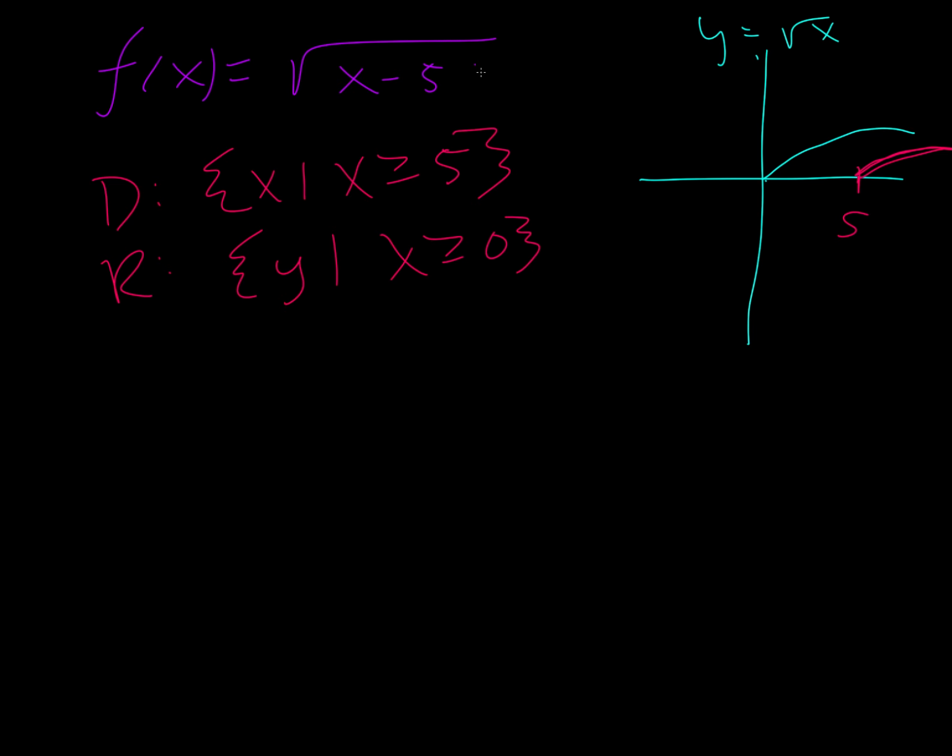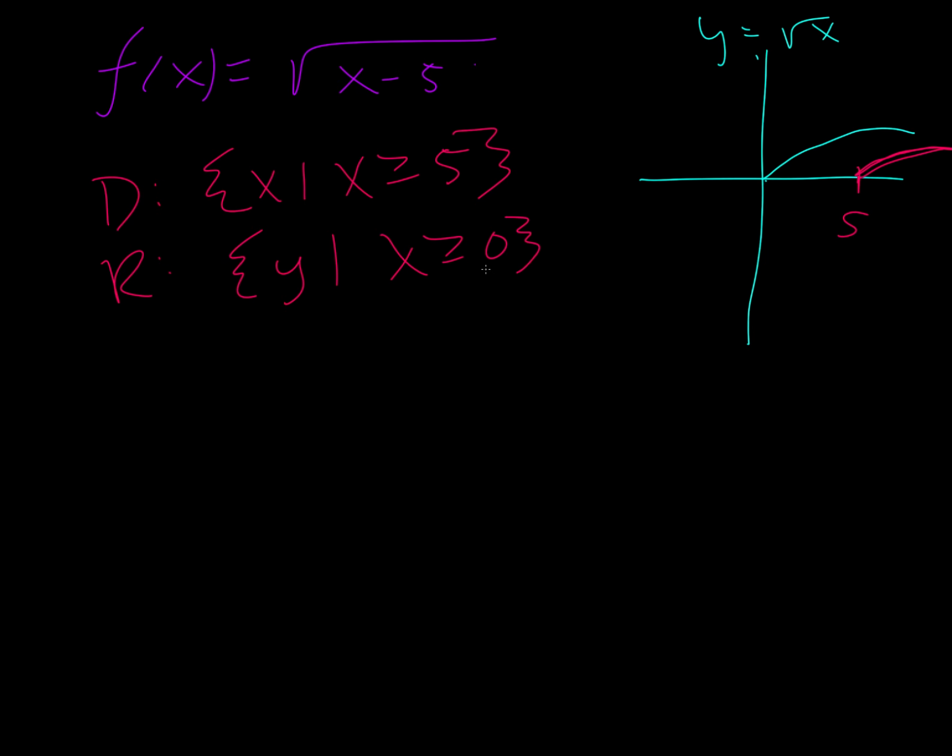Now another conceptual thing about square roots, they can never produce a negative number. No matter what we plug in for x, we will never get a negative out here. Now we can get a negative inside of the square root, which gives us complex or imaginary solutions.